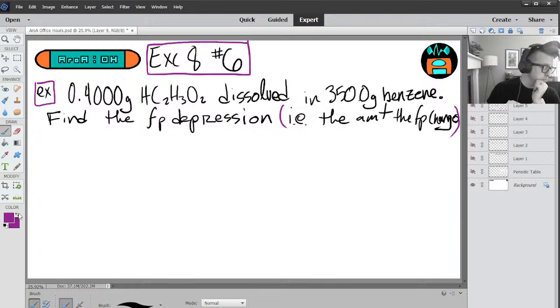All right, so there is an equation that we need to be dealing with here, and that is the change in freezing point.